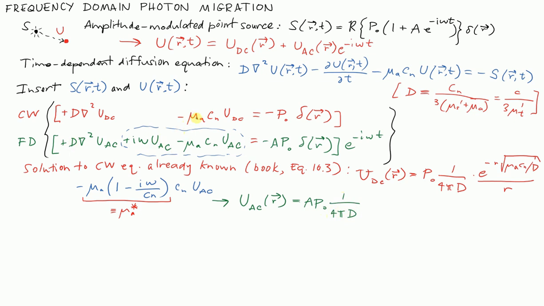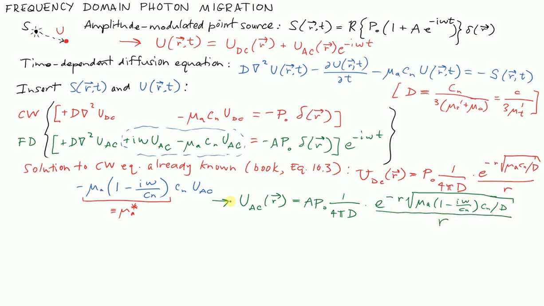And then we have this exponential, e to the minus r times the square root of mu A star, which I'm not even going to write as mu A star, I'm going to write it out very explicitly. Times Cn over d, all still over r.